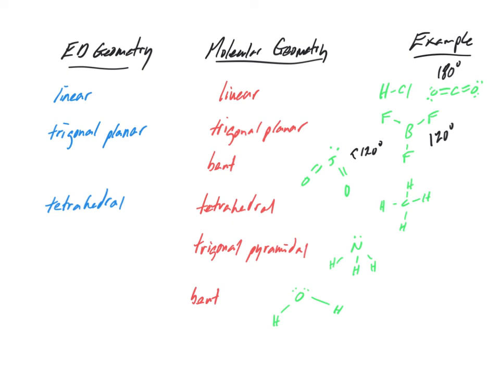Moving on to the tetrahedral molecular geometries. In the example of methane over here, the bond angle is 109.5. Now, in 2 dimensions, it looks like 90 degrees, but I'm going to ask you to use your imagination here in imagining this molecule in 3 dimensions. I'll update the drawing a little bit to reflect that.